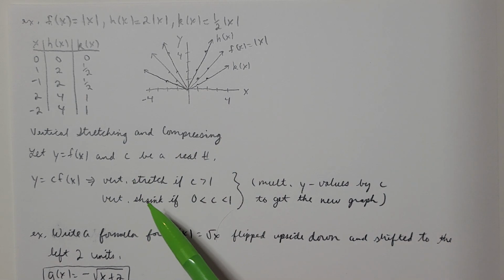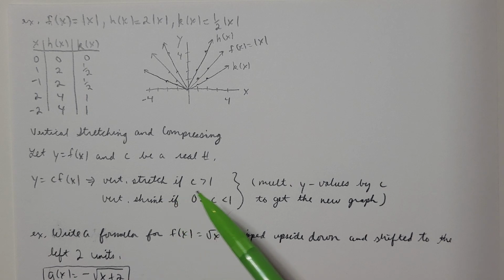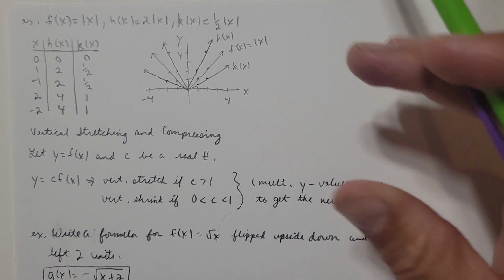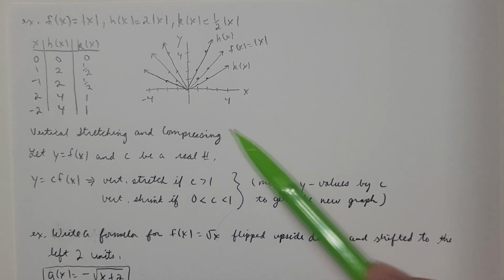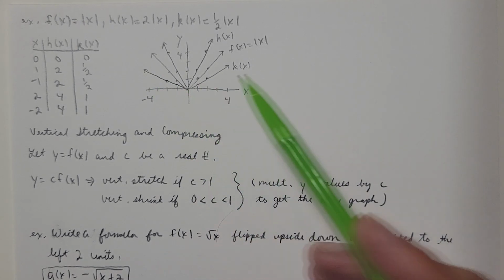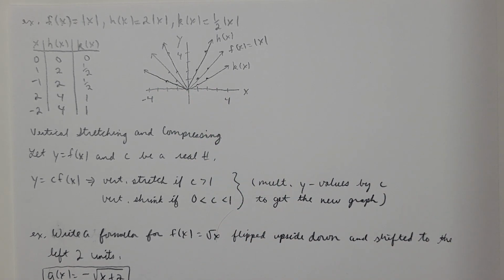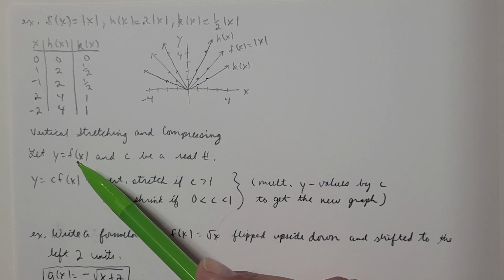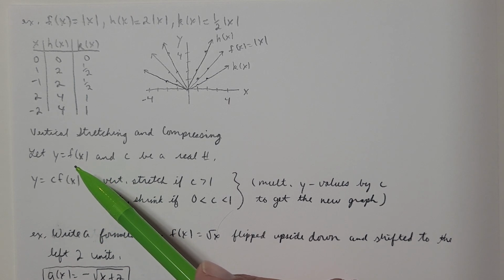You're going to have a vertical shrink or vertical compression if c is less than 1, but c is still positive. Like here, c is 1/2, and we smash the graph there to get the graph of k of x. But if c is 1, then you've done nothing to change the graph. If I'm just multiplying the function by 1, that's not going to change anything.